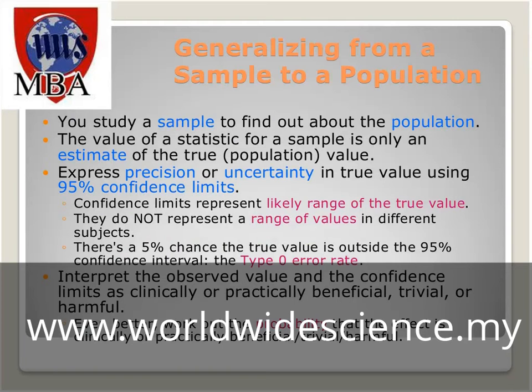How you should choose the sample, and all things about the sample, we talked about before. The value of a statistic for a sample is only an estimate of the true population value, and you express the precision or uncertainty of the true value using a 95% confidence level, okay?